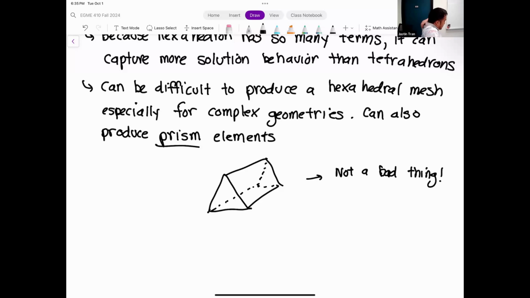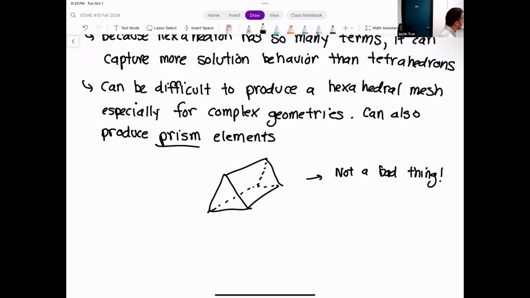The reason it's not an explicit setting, so you can't ask ANSYS to produce a prism mesh for you, is that it's pretty hard to get the entire geometry with these particular types of elements. The way the meshing algorithms work, you can try for hexahedrons and then fill any unused space with tetrahedrons or prisms, or you just go for a full tetrahedron mesh.